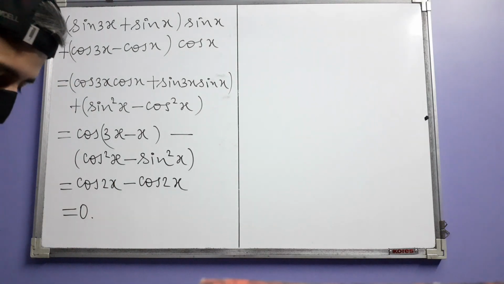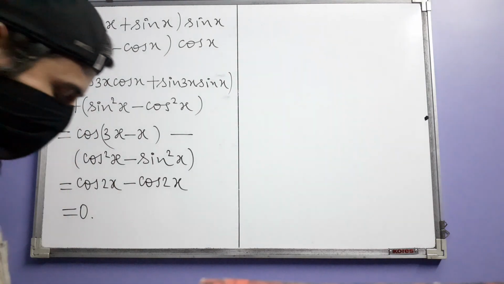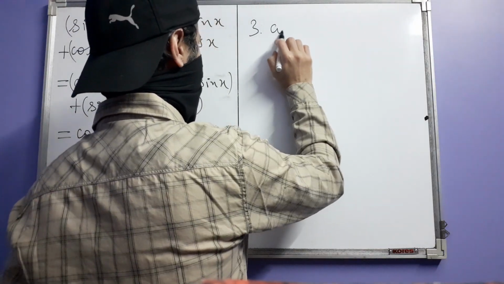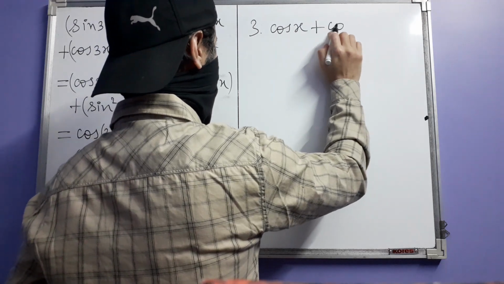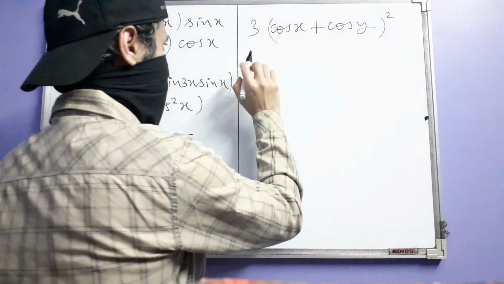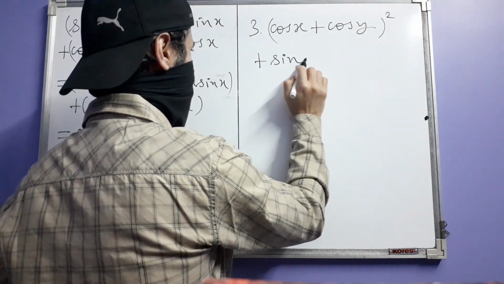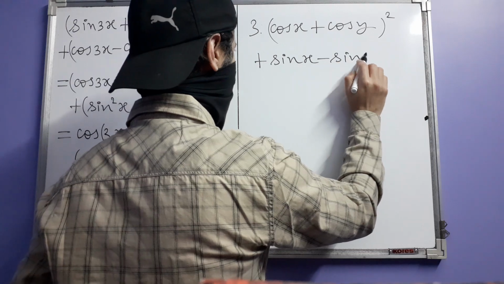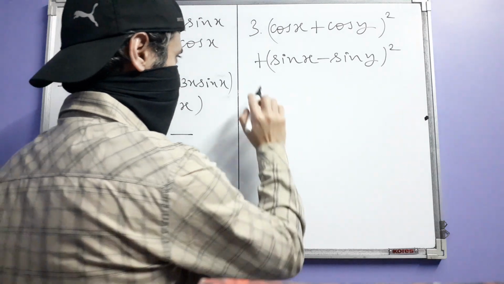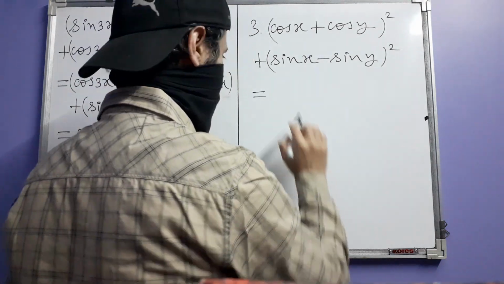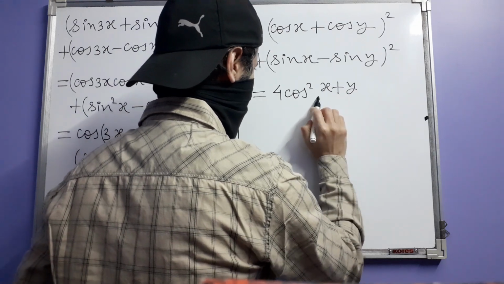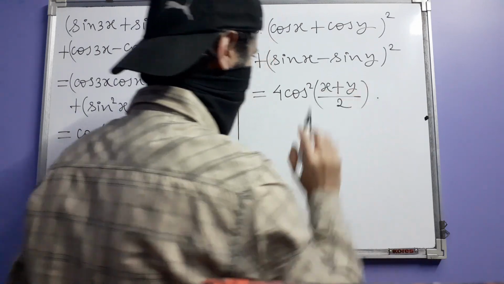Okay, next the third one. Here cos x plus cos y whole squared plus sin x minus sin y whole squared, you have to show that this is equal to 4 times cos squared of x plus y divided by 2.